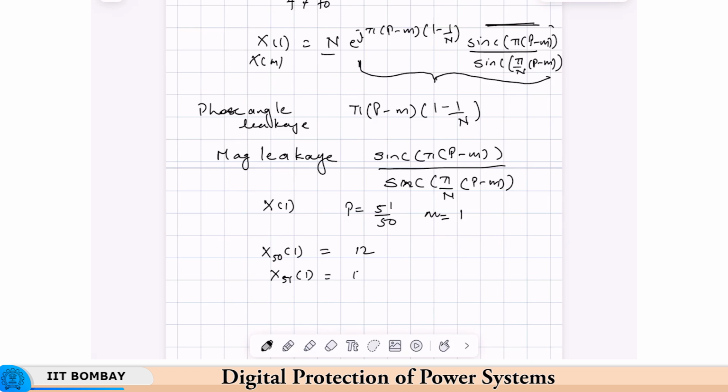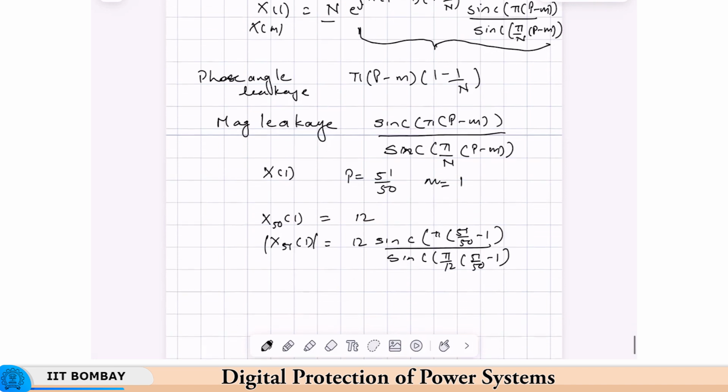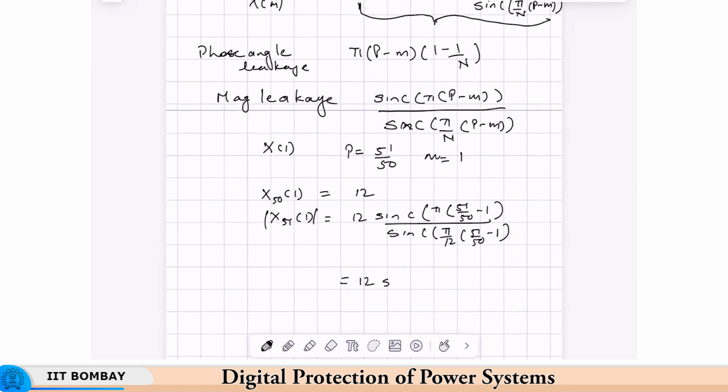We have 12 into, for the magnitude, sinc of pi (51 by 50 minus 1) upon sinc of pi by 12 (51 by 50 minus 1).